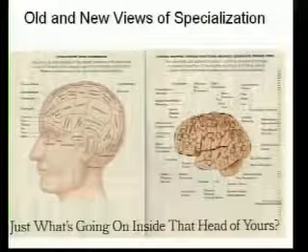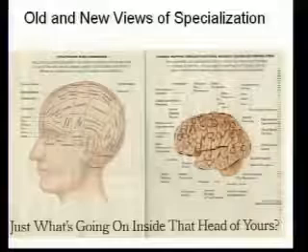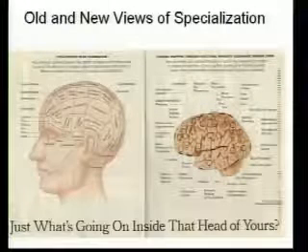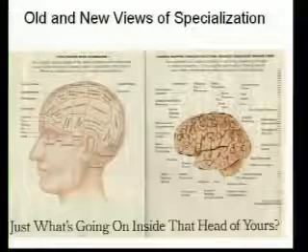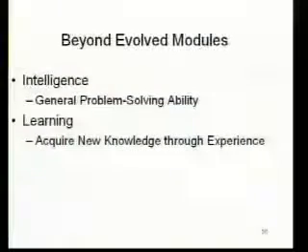But we're very different from the people of 5, 6, 10, 12,000 years ago. And those differences come by virtue of the fact that we have general intelligence, not just a bunch of dedicated tools, and the ability to learn. We're not relying simply on innate functions. Is that okay? Anything else about this?